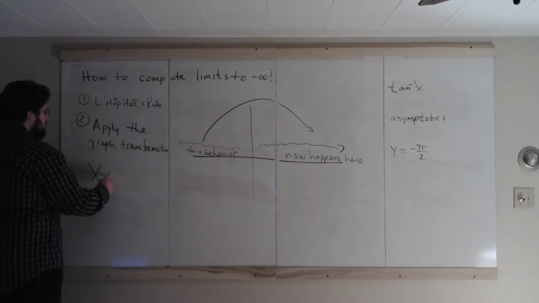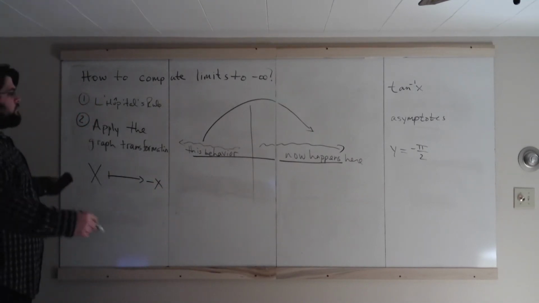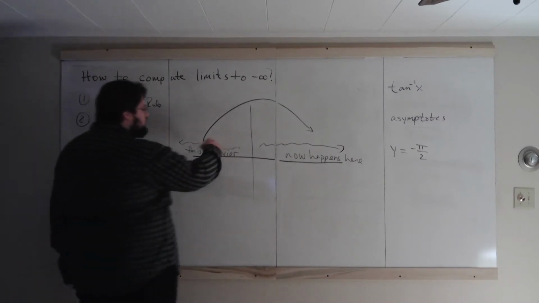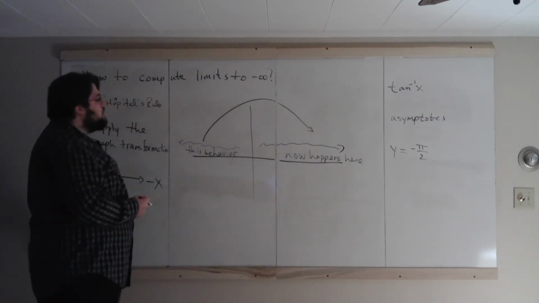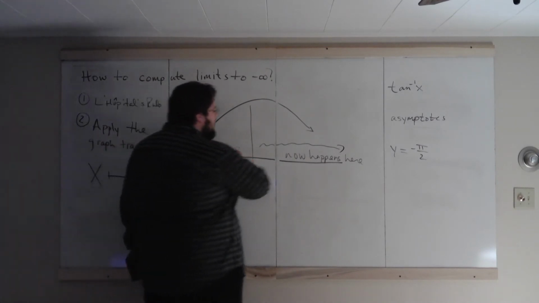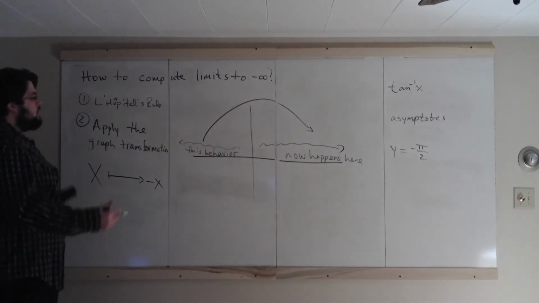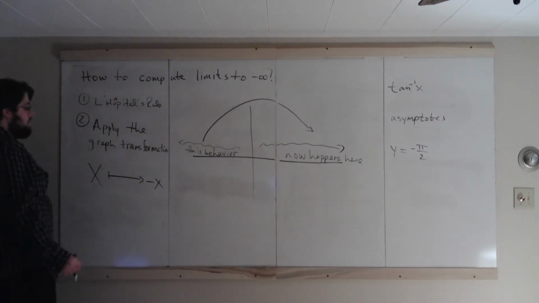So the graph transformation x goes to negative x. If you do that, the function will flip across the y-axis, and then the behavior as x goes to negative infinity is now captured by the behavior as x goes to positive infinity in the newly transformed function.